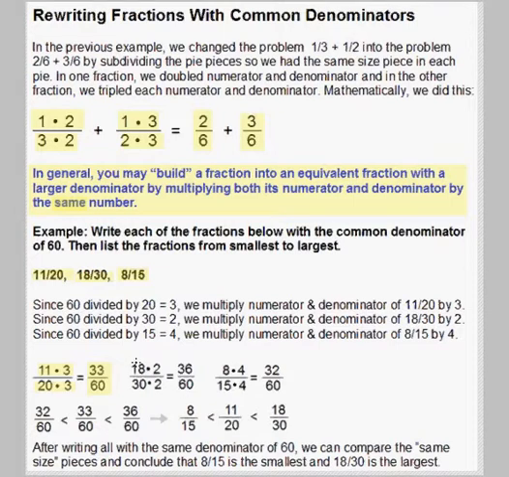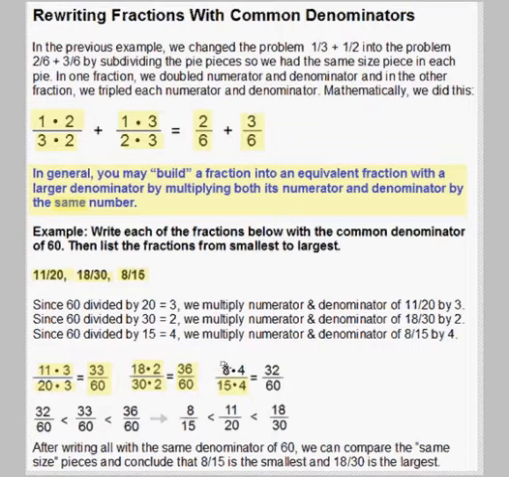For the fraction 18/30, since we have to multiply 30 by 2 to get 60, that means we also multiply 18 by 2. So that fraction turns into 36/60. For the fraction 8/15, again we take 60 and we divide by the denominator 15 to see what we have to multiply by. 60 divided by 15 is 4, so we multiply 15 by 4.